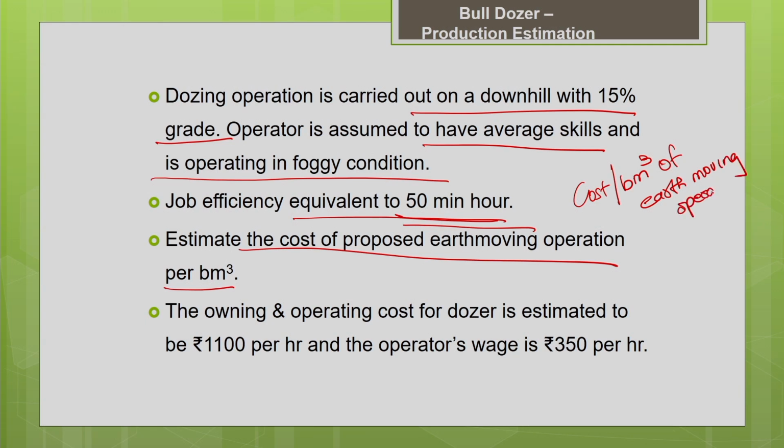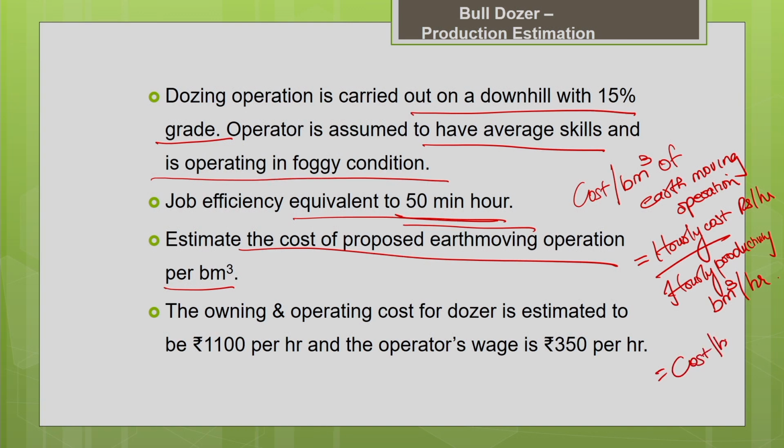That is nothing but your hourly cost associated with the machine divided by the hourly productivity. If you know both these values, say this is rupees per hour, and this you have to calculate in bank meter cube per hour, then I can get the cost per bank meter cube, the unit cost of production.